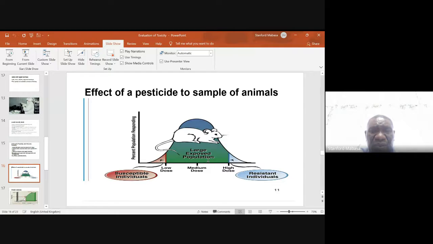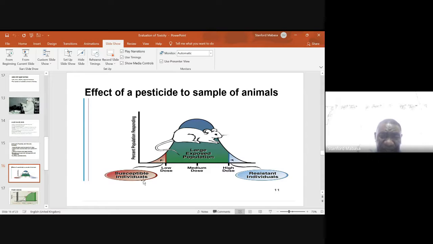Now, if we want to understand the effect of the pesticide in a given population which has been exposed to it, this can be represented by this normal distribution. For example, we could be interested in the population of rats if we subject them to various pesticide levels.